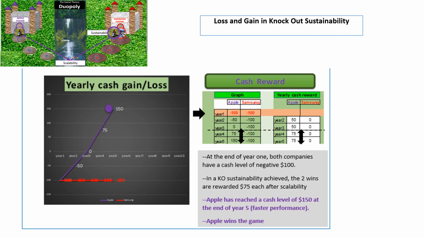Apple has reached a cash level of 150,000 at the end of year 5 instead of year 6, which is a faster performance. Apple wins the competition. And as you can see illustrated, Apple has conquered Samsung's castle at a stage of sustainability.